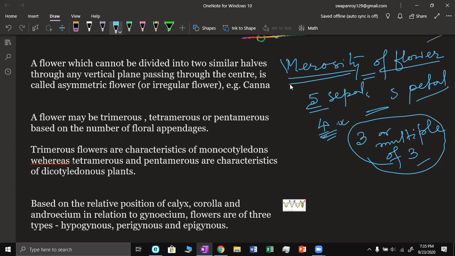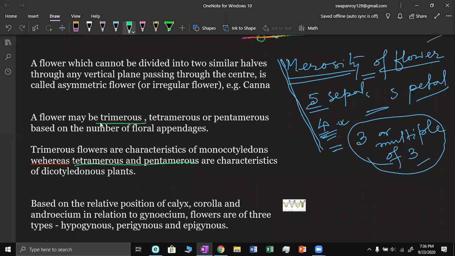So how many units are there in the different whorls of a flower, that we describe as its merosity. Based on that, one flower is called trimerous, another tetramerous, and pentamerous.